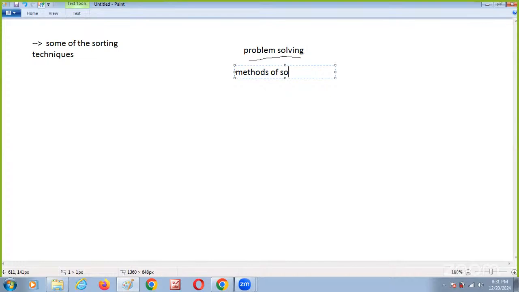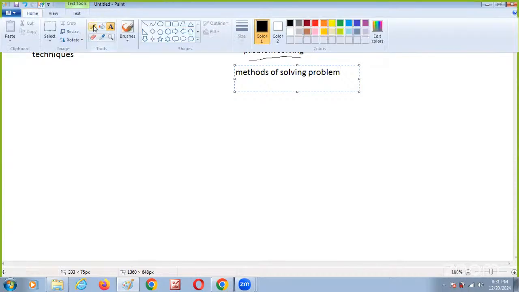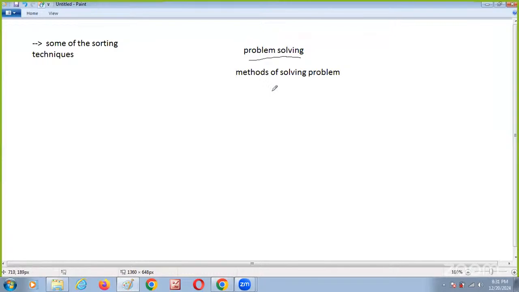Methods of solving problems may be the highest priority for theory exams. But for the GATE exam, you are not only solving the problem, we need to analyze the problem and find the time complexities. That is the highest priority for the GATE exam.